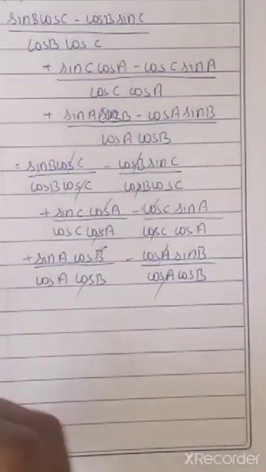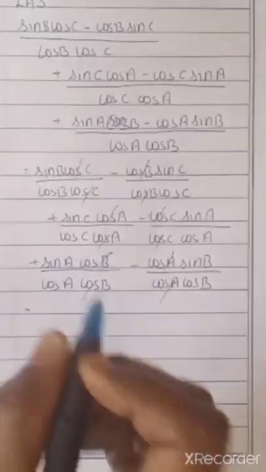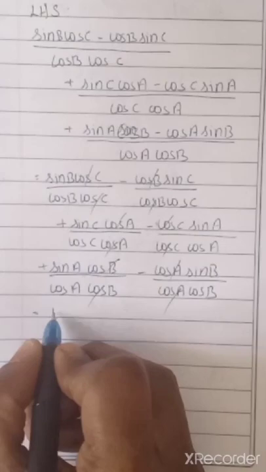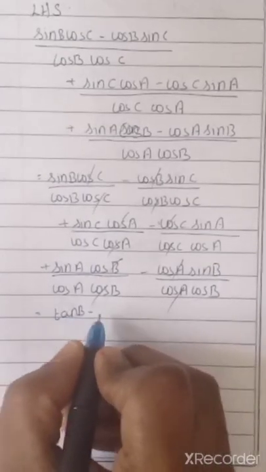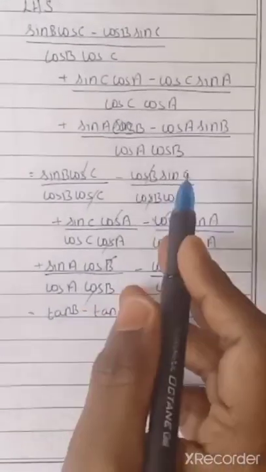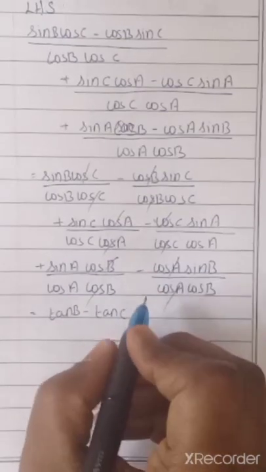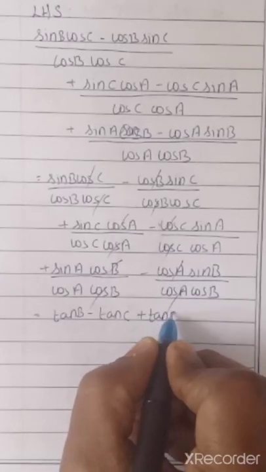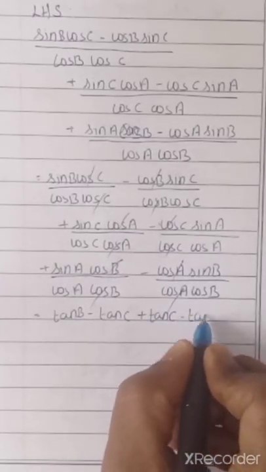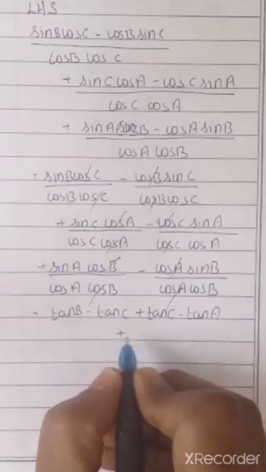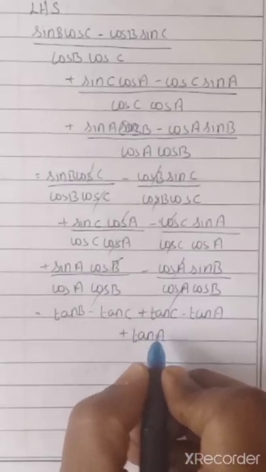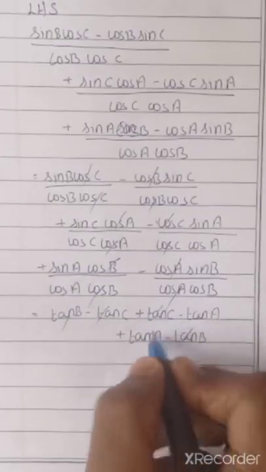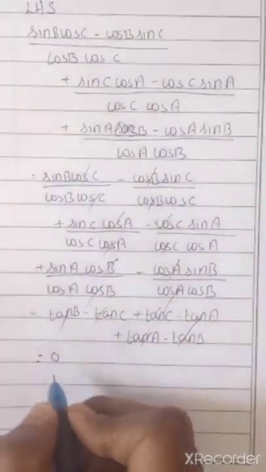Cancel the common terms. So the remaining will be sin B by cos B, which we can take as tan, correct? So tan B minus tan C. Sin C by cos C is tan C. Similarly, the remaining will be plus tan C minus tan A plus tan A minus tan B. Again, if you cancel the terms, you will get the answer as 0.